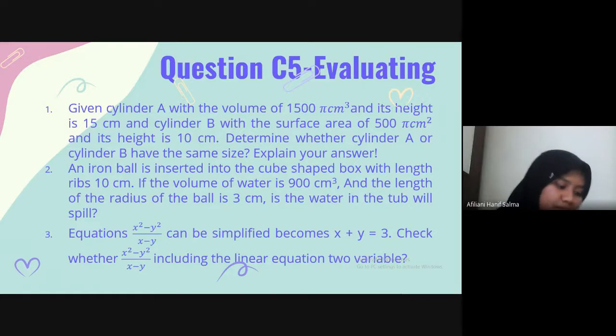Therefore, students must find the radius of cylinder A and the height of cylinder B so that the two cylinders can be compared in size. For the second example, to answer this question, students must calculate the volume of each object in order to evaluate later.